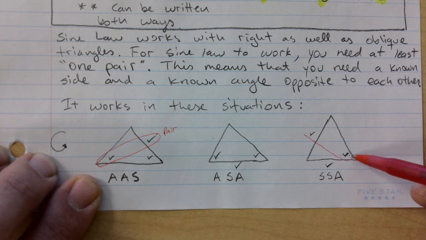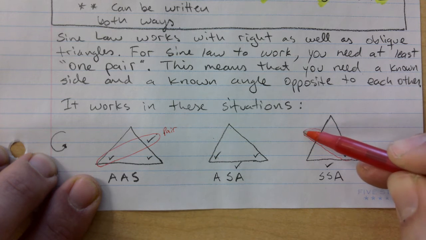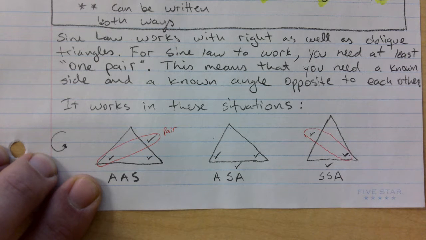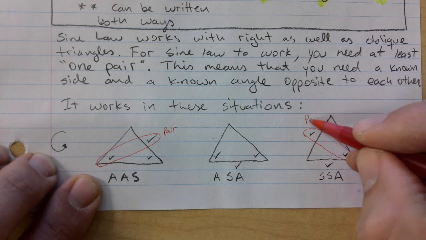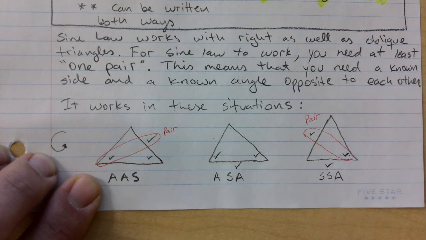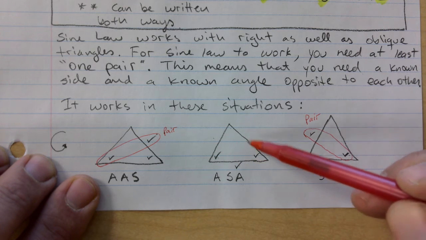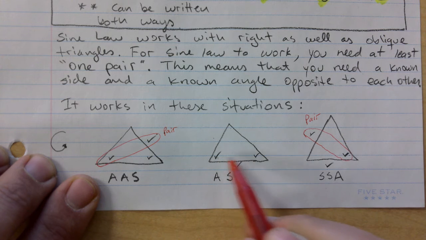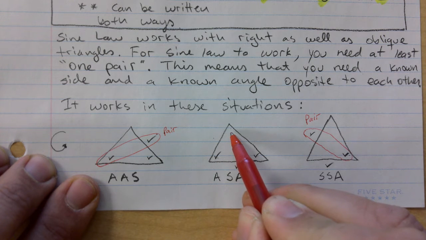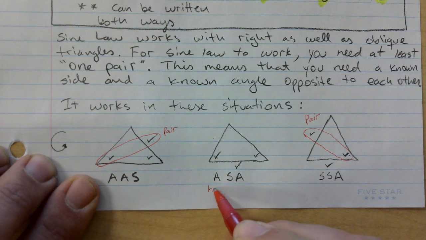So whenever you see a pair, you know without a doubt that that's going to be a sine law case. Because later on we're going to do cosine law, right? Then you're going to have to choose. Right now this is the only thing that you know, or that you will know in a bit. So you have a pair. Where's the pair here? When you have two angles, can you find the third one? Yeah. So there's a hidden pair.